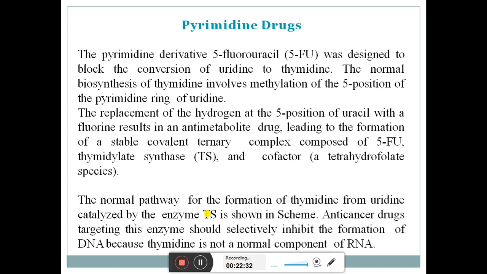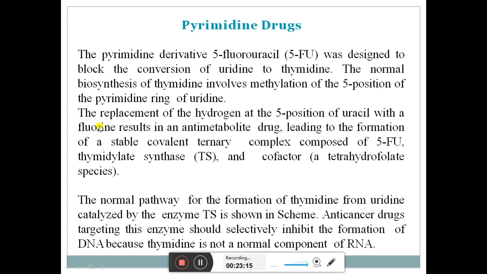So in uracil or uridine, there is a hydrogen, and that hydrogen will easily be replaced with the methyl group and it converts to thymidine. Okay, but because of the presence of the fluorine at the 5th position, this drug acts as an antimetabolite drug, which results in the formation of a stable covalent ternary complex composed of 5-fluorouracil, thymidylate synthase and cofactors.